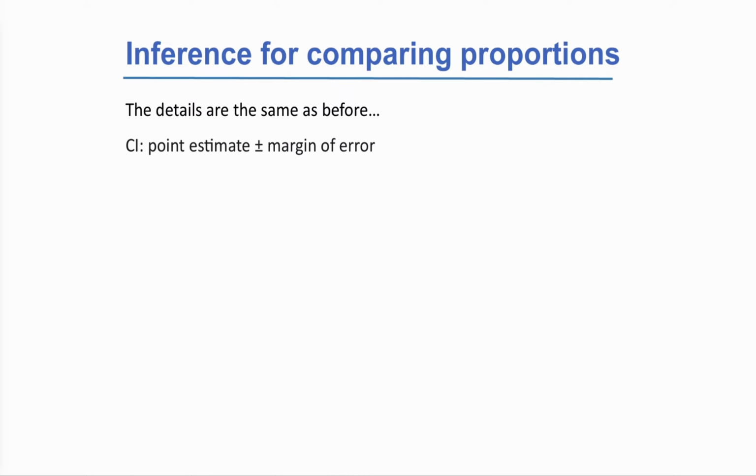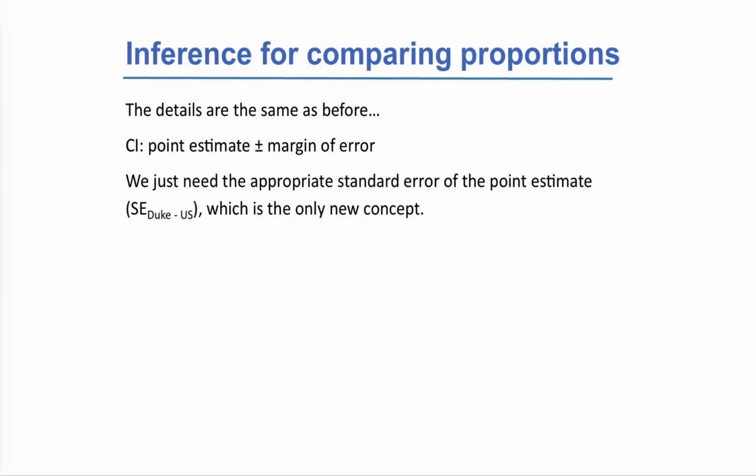Details are the same as before. Our confidence interval is still a point estimate plus or minus a margin of error. In this case, your point estimate is going to be P1 hat minus P2 hat. And you're still going to use the z-score.